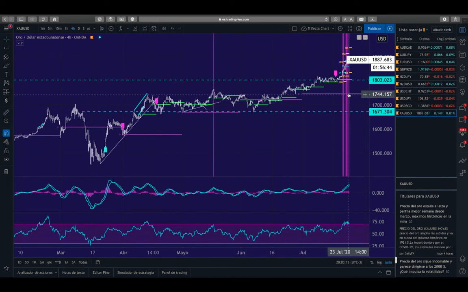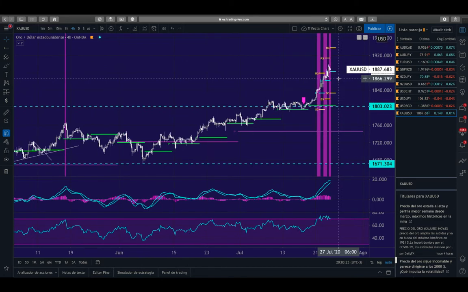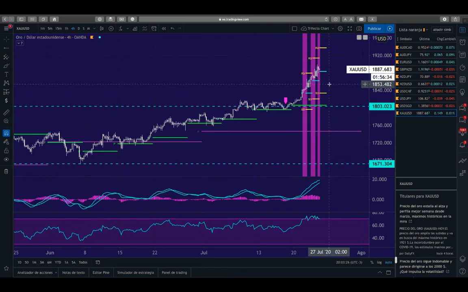And as we can see, we easily got to that level and we already broke it, and it is in this strong upward trend.